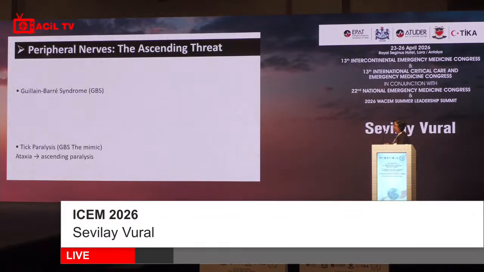Peripheral nerves, if we are talking about peripheral nerves, the lower motor neuron parts, now we go on. The ascending thread is a very important entity in here. For example, the most famous one, maybe we are not seeing it every day, every emergency shift, but it's a very important and famous one, Guillain-Barré syndrome.